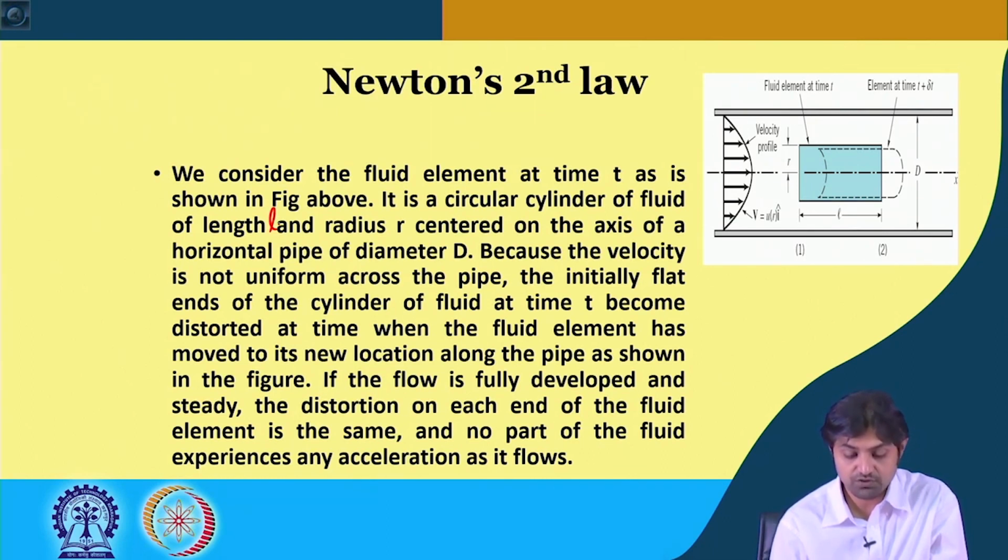Because the velocity is not uniform across the pipe, the initial flat end of the cylinder of fluid at time t becomes distorted when the fluid element has moved to its new location, because across the radial distances the velocity is not constant, it is a function of radial distance. If the flow is fully developed and steady, meaning it is not a function of time, the distortion on each end of the fluid element is the same and no part of the fluid experiences any acceleration as it flows. So this is the background for the derivation, containing important information that will be used during the derivation.